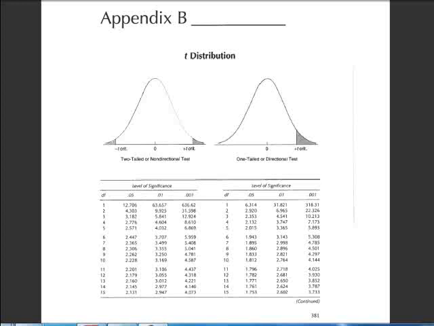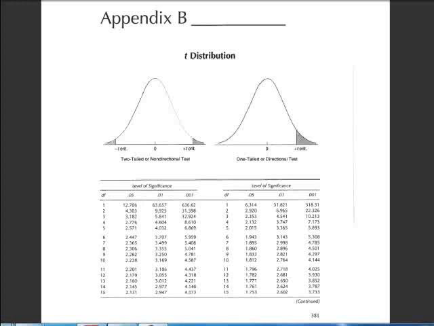So n minus 1 is actually a form of degrees of freedom. We were also attempting to make it an unbiased estimator of the population standard deviation.